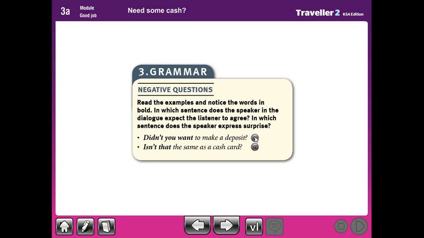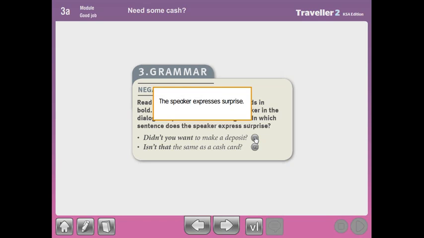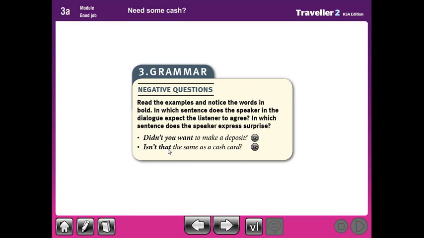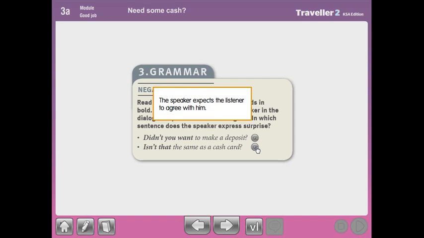Didn't you want to make a deposit? Here the speaker expresses surprise. But in the next question, isn't that the same as a cash card? Here, the speaker expects the listener to agree with him.